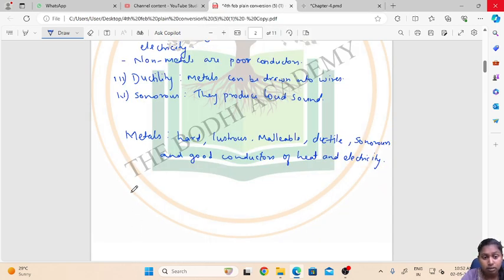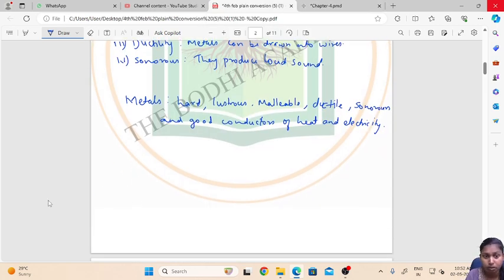So non-metals, they are soft, they are not shiny, so non-lustrous. Malleable, no, they are not malleable, they will be broken down if we beat them with hammer.